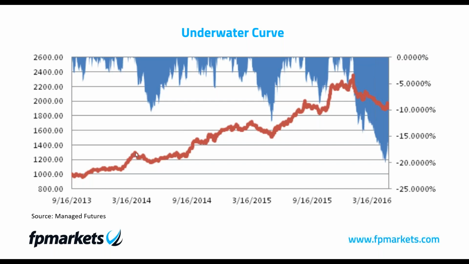As you can see, from the higher peak at this point to the higher low, our drawdown was on the doorstep of 10%. So this was a 10% drawdown. So look, the underwater curve shows us how much our drawdown is within this dip.